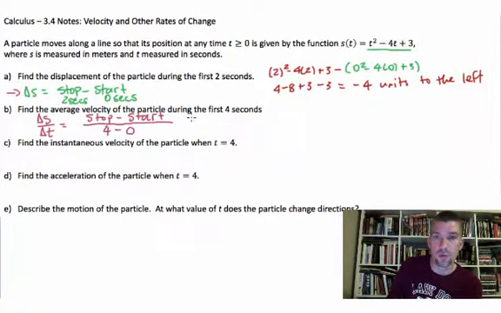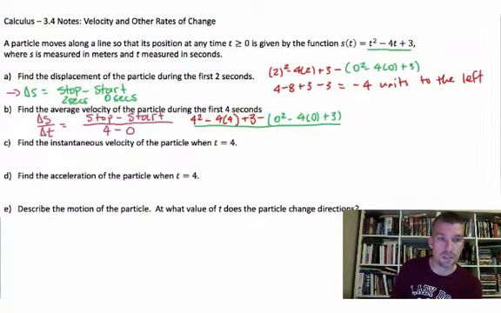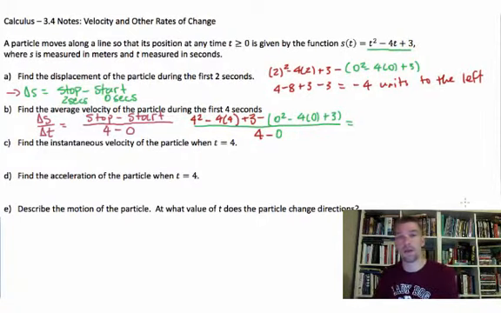That's going to be 4 squared minus 4 times 4 plus 3, minus, and then we'll do in green my starting position, and that's going to be 0 squared minus 4 times 0 plus 3, all over where I stopped, which was 4, minus where I started, which was 0. So we're going to work out all of this and see what happens.